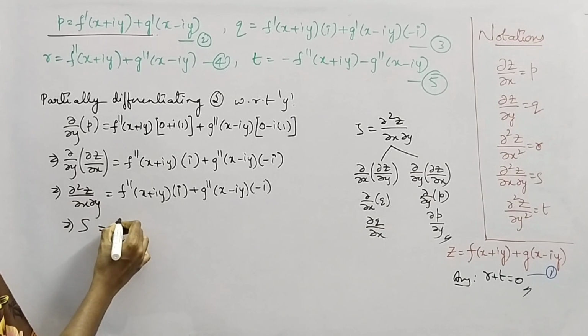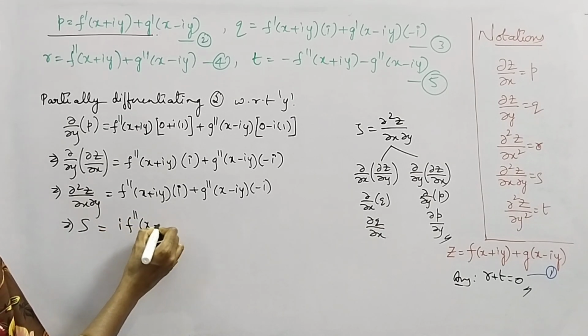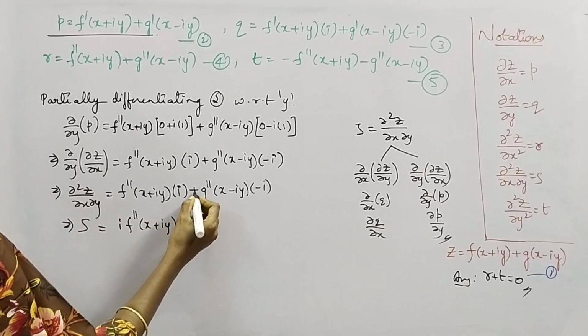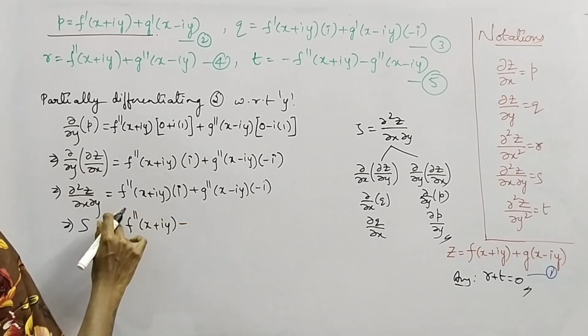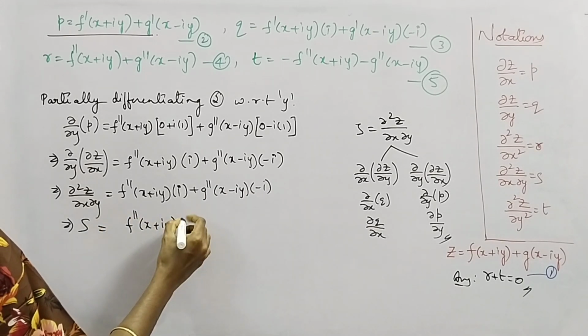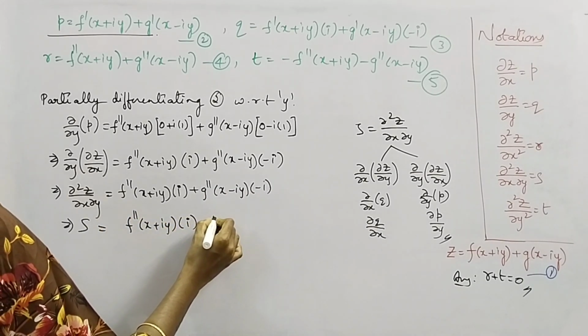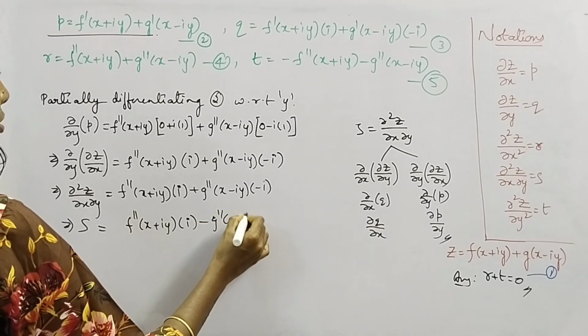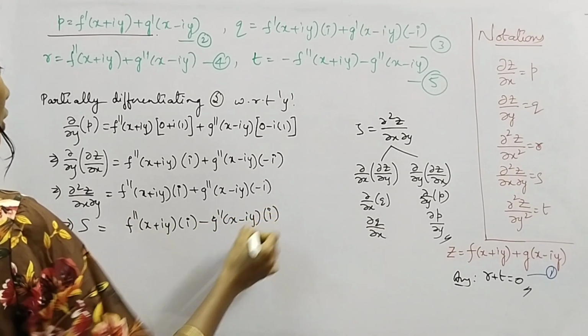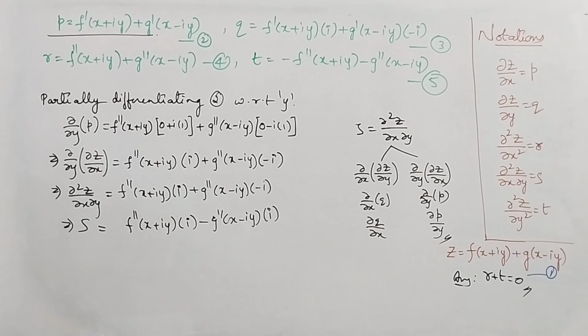S equals i into f double dash of x plus iy, plus minus i into g double dash of x minus iy. You can write i first or after, there's nothing wrong with it.